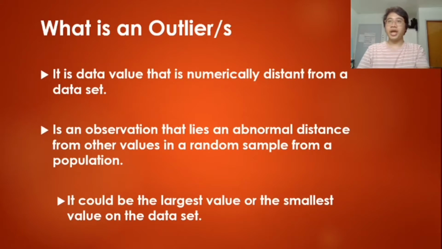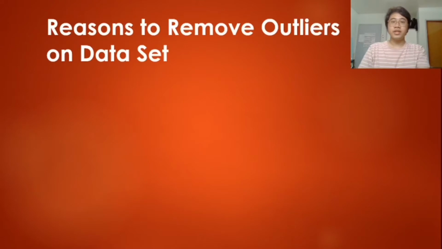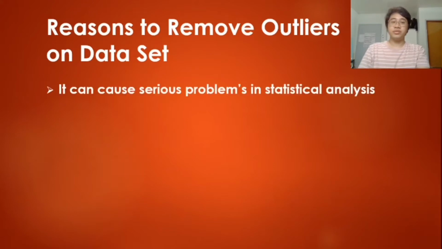Sometimes, the outliers are obvious in a dataset. However, in some cases, they are difficult to identify. Now, what are the reasons to remove the outliers from the dataset? One reason is that they can cause serious problems in statistical analysis.